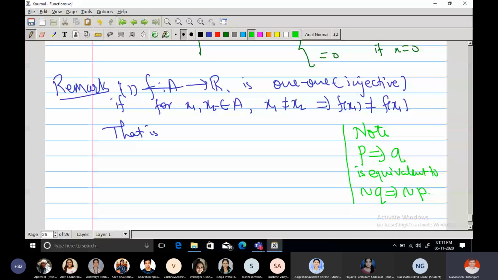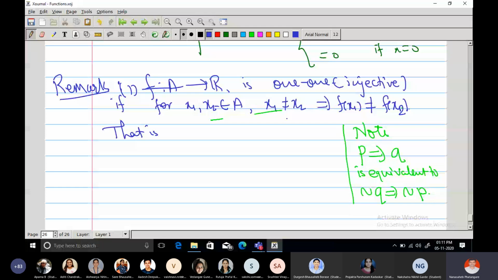So here, what is statement P in this situation? x1 is not equal to x2 implies f(x1) is not equal to f(x2), right? So if x1 is not equal to x2, then f(x1) is not equal to f(x2). So what is the contrapositive statement? What is the contrapositive to this?